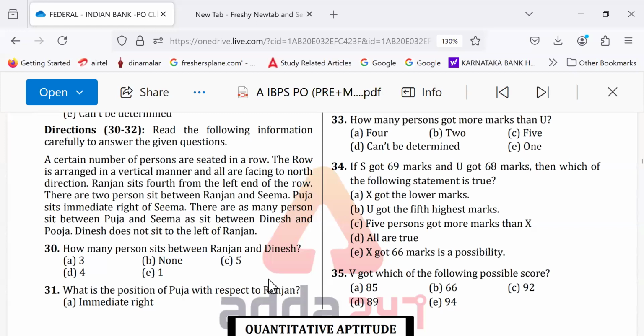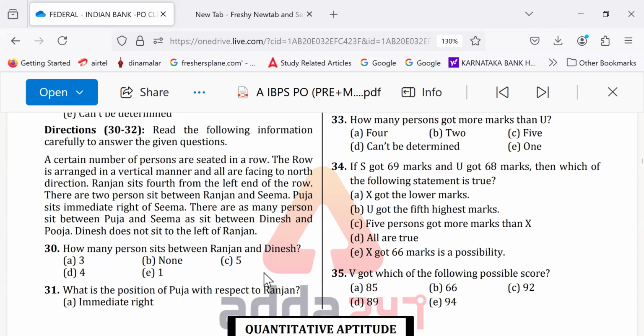One minute. Then Pooja, where is she sitting? Pooja is sitting immediately to the right of Seema. That means she is in the 4th position from Ranjan on the right side.